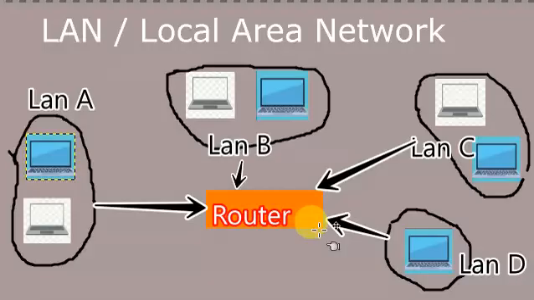For example, in a particular state, you will have many LANs and they can be connected using the router. So that is the basic understanding of what a router does. It acts as a gateway.